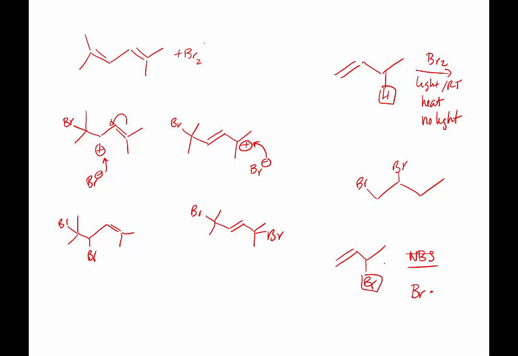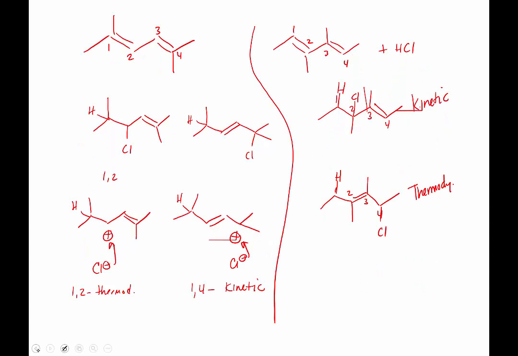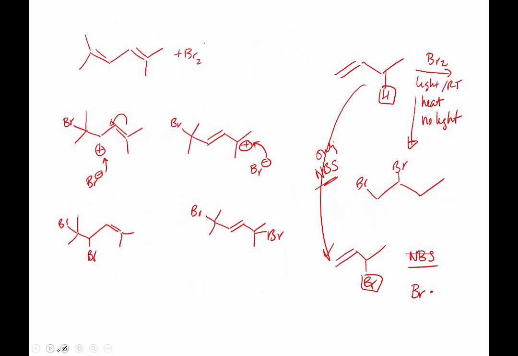No, I meant if I want to go from here to here, let's make this more complicated than it needs to be. So if I want to go from here to here, I need only NBS. Only NBS. If I try anything other than NBS, so I try light and room temperature, or I try heat, or I try no light, I add 2 bromines across the double bond.